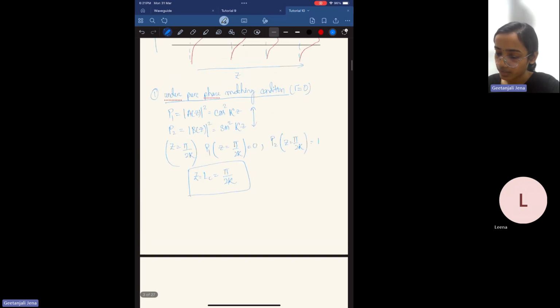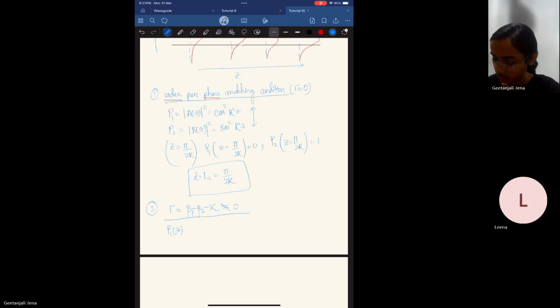Now let us say we have the other case, where gamma, if you recall the expression, is beta 1 minus beta 2 minus kappa, and this is not equal to 0. For this case, instead of kappa, we now have gamma. So P1(z) will be the square of A(z), which comes as cos square of gamma z.